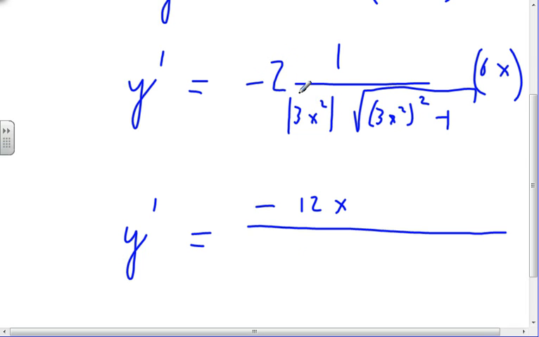And 2, let me check my calculator. 2 times 6 equals, wait a minute, let me put it in octal. 2 times 6 equals 14 in octal. Let me put it in hex. 2 times 6 equals C. That should be a minus C.